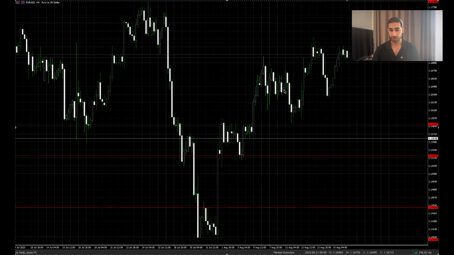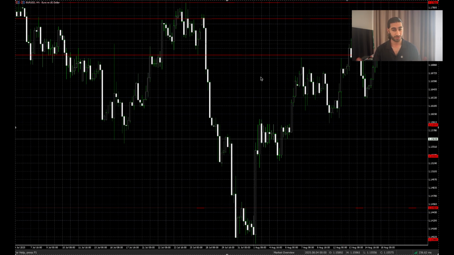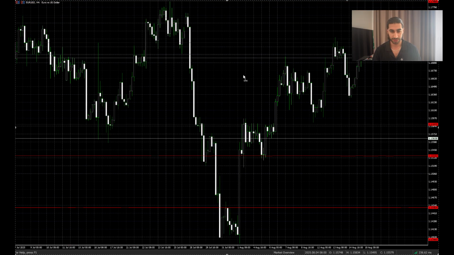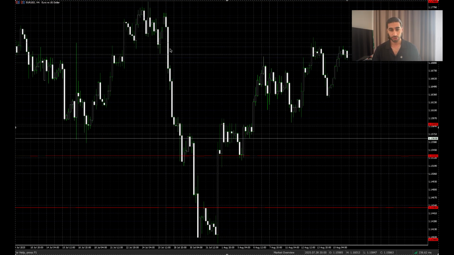So let's go to the 4 hours, for example. Now we have a bit more detail. As I said, 6 candles of 4 hours is 1 daily candle, right? Here we see that push going to the downside, and then a push going to the upside. But again, 1 candle that you see here is 4 candles on the 1 hour.